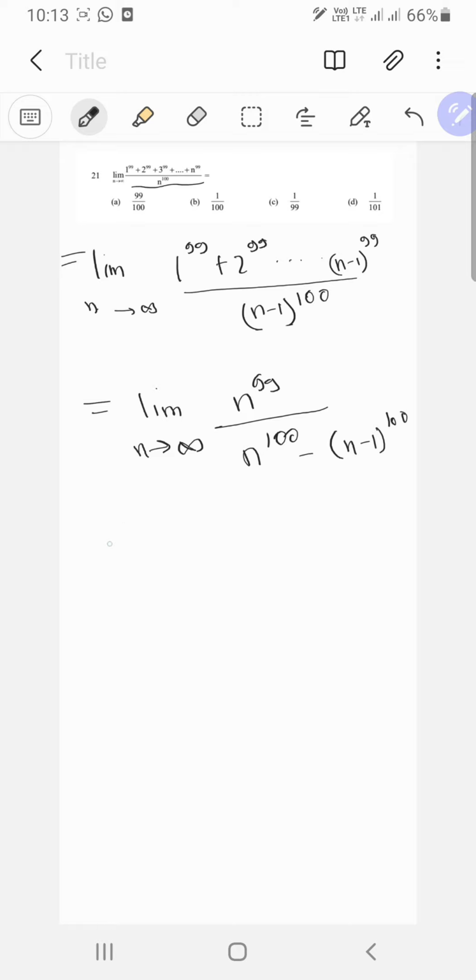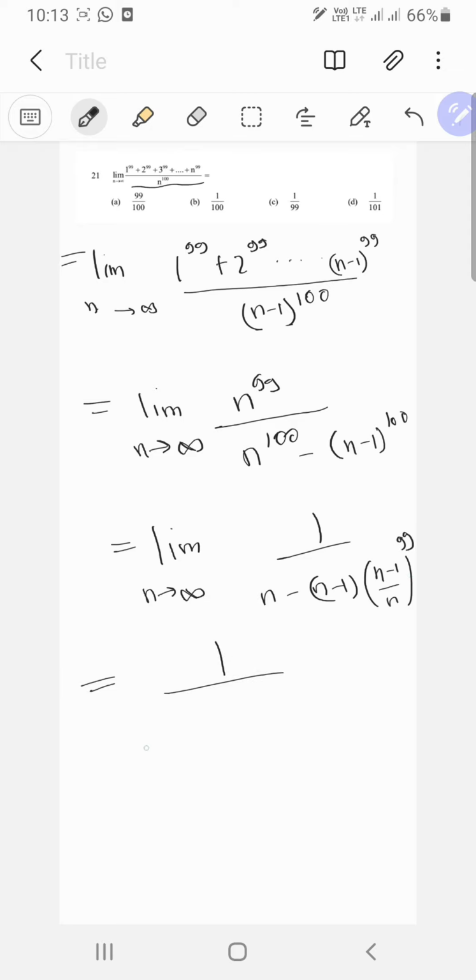Now you just need to find what this limit is. So this is the limit as n approaches infinity of 1 upon n minus 1 into n minus 1 upon n to the power of 99, which is 1 upon n into 1 minus 1 upon n to the power of 99.